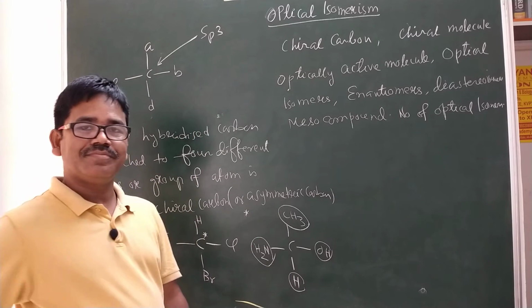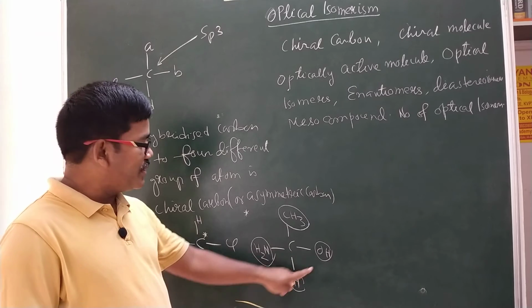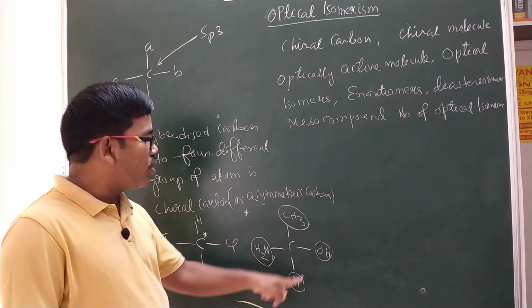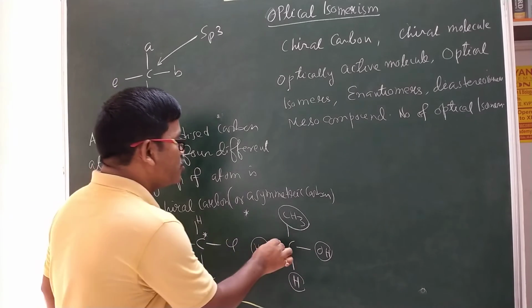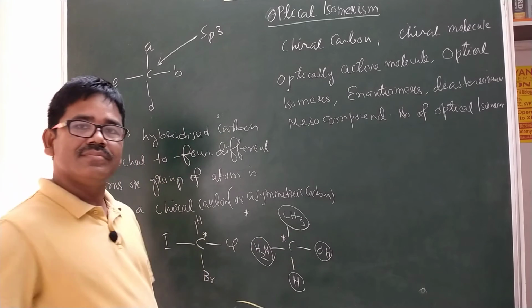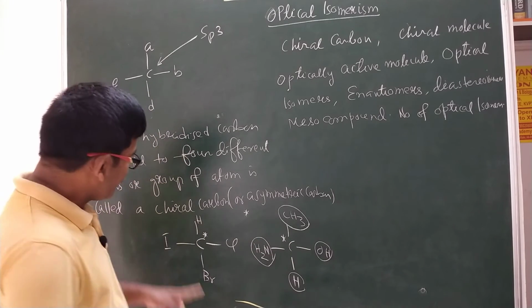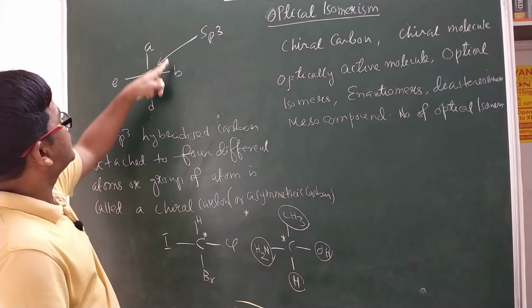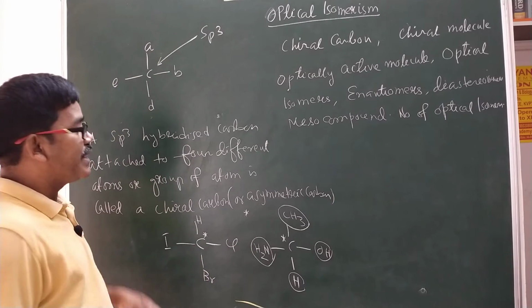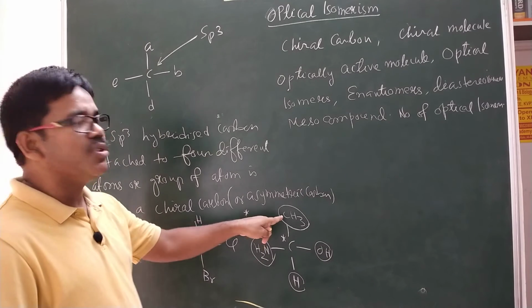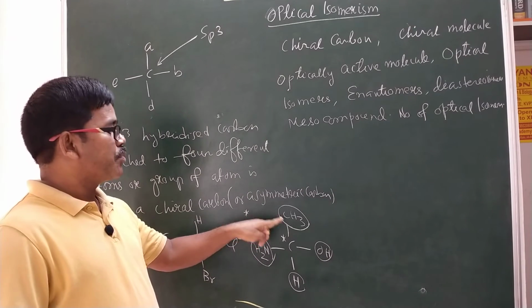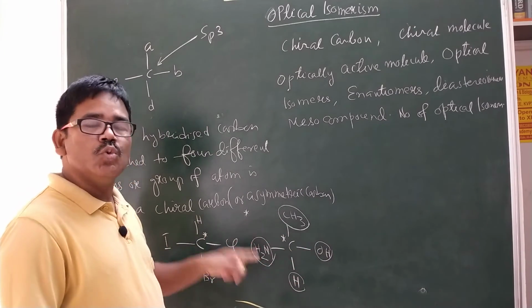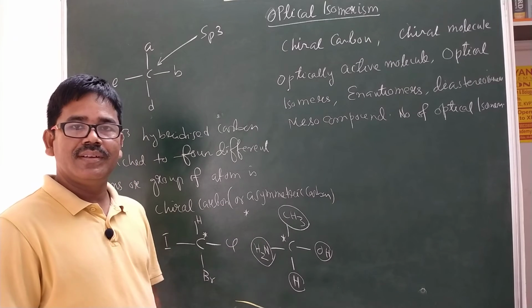This is a single atom, but these are groups of atoms. All are different. This carbon is also a chiral carbon. Clear? A, B, D, E can be single atoms, or they can be groups of atoms. As a whole, we consider CH3, OH, H, NH2. This is called chiral carbon.